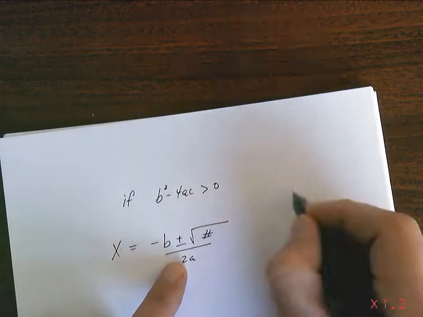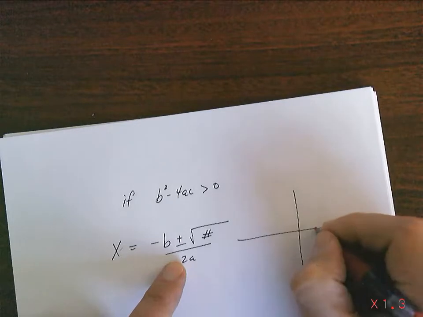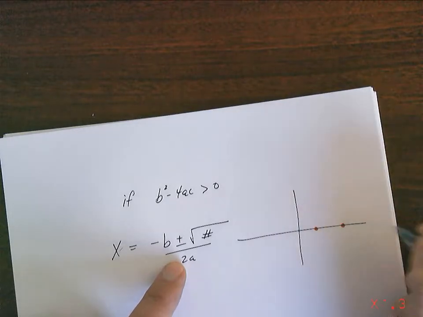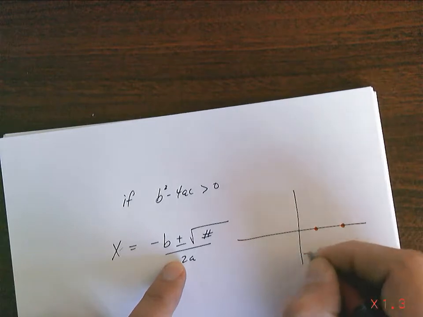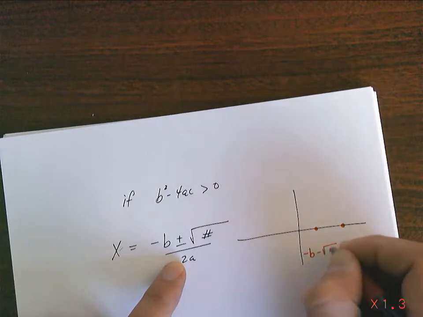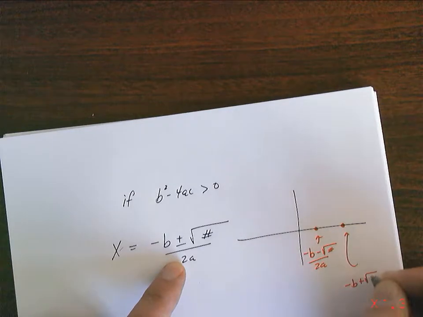This is going to give me two distinct roots, two distinct x-intercepts. One of them is going to be negative b minus the square root number over 2a, and the other one will be negative b plus the square root number over 2a.